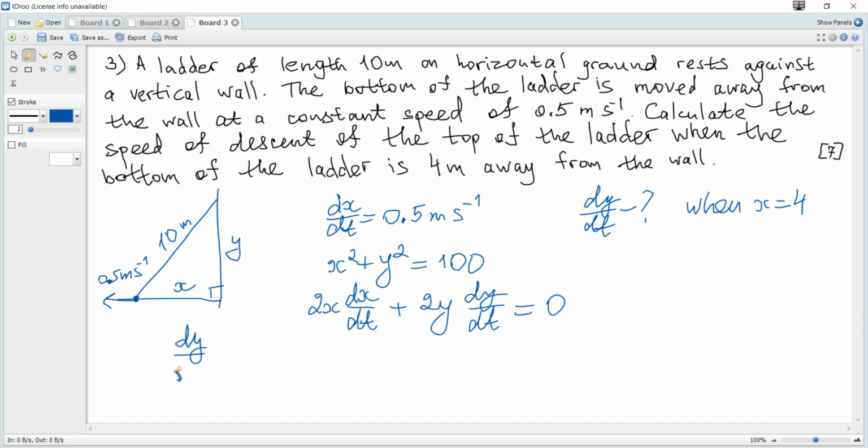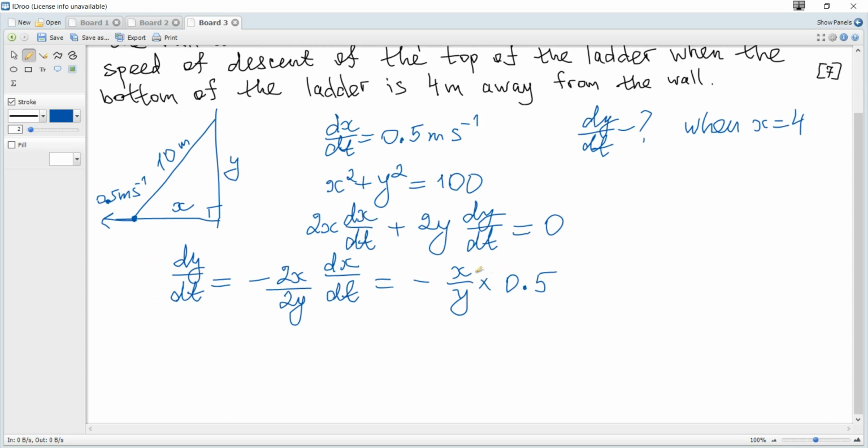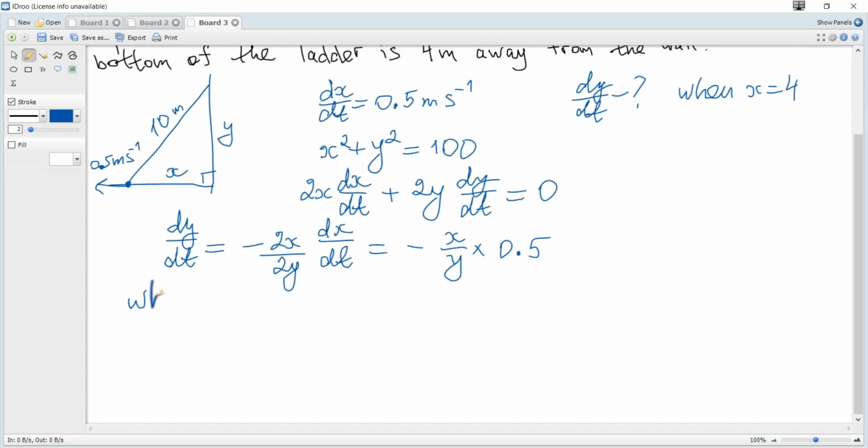dy dt is equal to negative 2x dx dt divided by 2y, which is negative x over y, multiplied by 0.5. dx dt is a constant, and when x is 4, we need additionally the value of y at that moment of time.